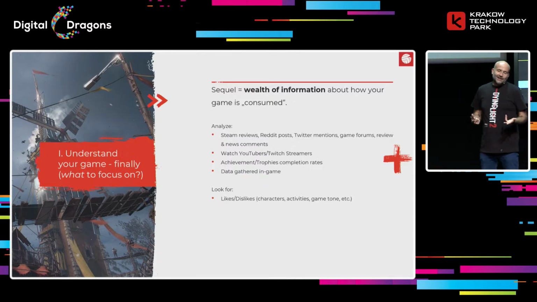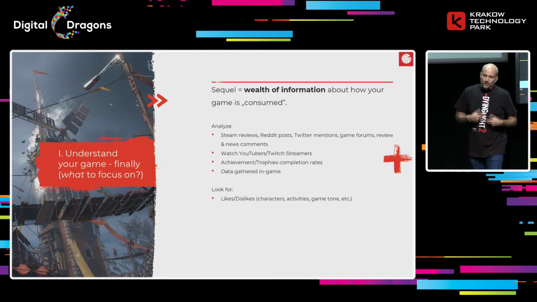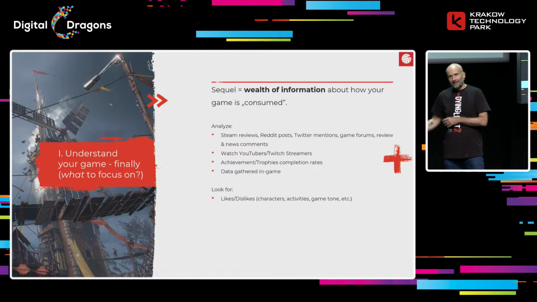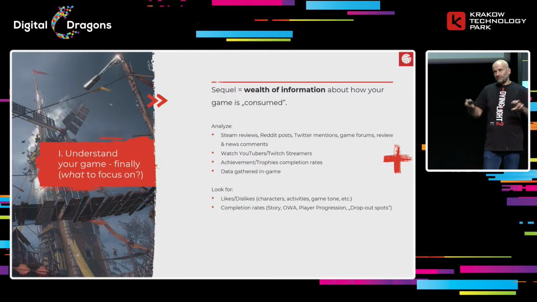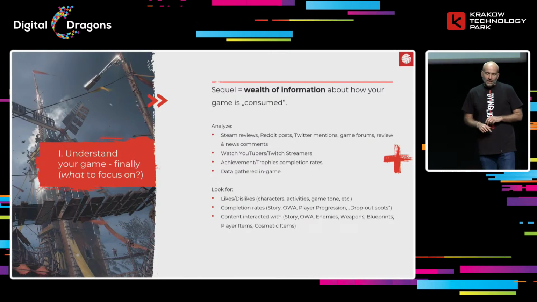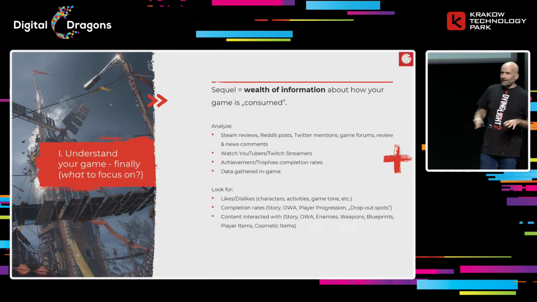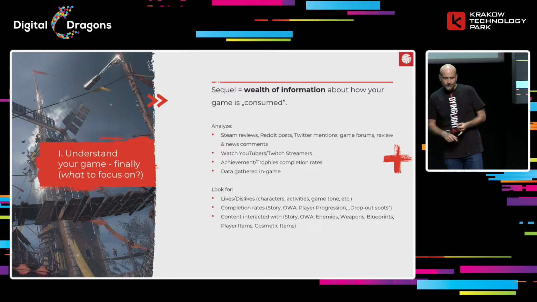So when you analyze that data, you look for what people like and what they don't like, in terms of basically everything: characters, activities, game tone. You look at completion rates of various types of your content. You also look at when people drop out and don't ever return to the game.